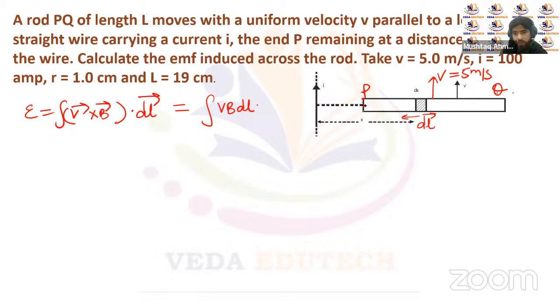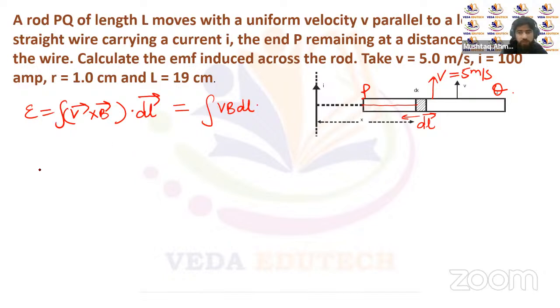Now we know that at a distance of x from this wire carrying current I, the magnetic field at different points is different. It means that the magnetic field is not a constant magnetic field here. It's a variable magnetic field.